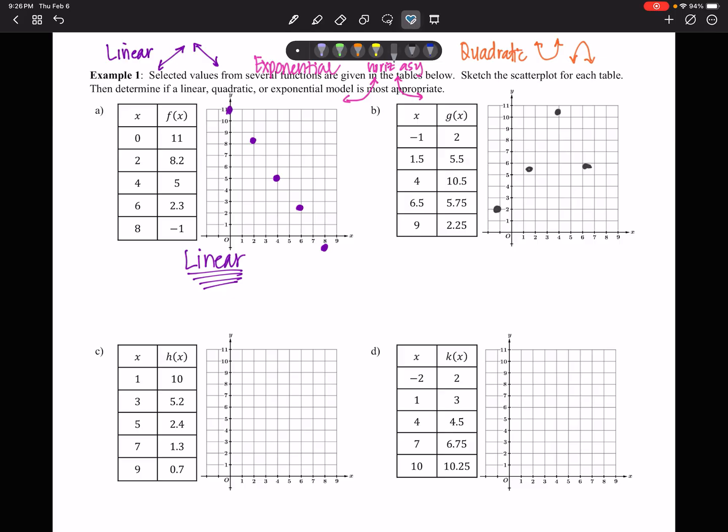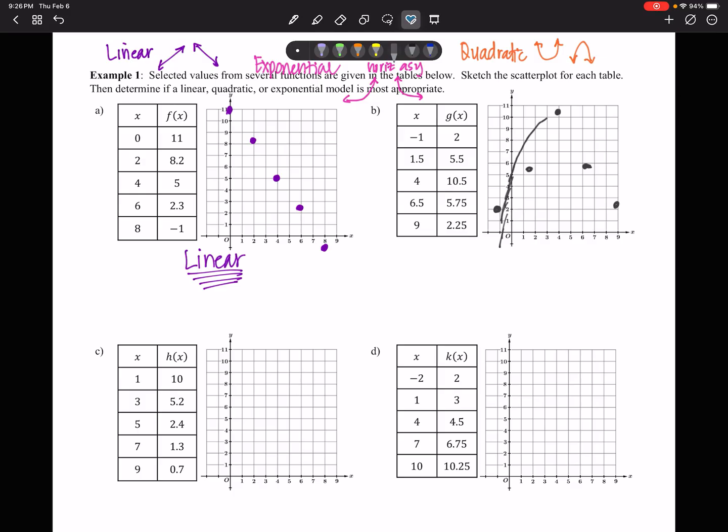And then 9, 2.25. Now, this is looking quadratic. I'm going to say that that is most definitely looking quadratic. I'm going to erase that sad example of a curve and say that this is quadratic.